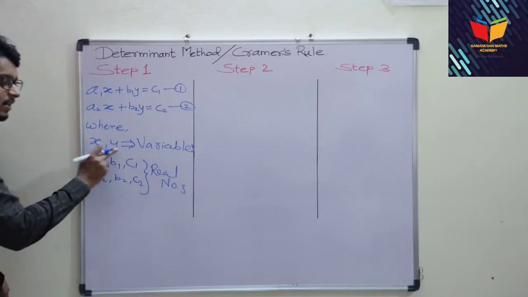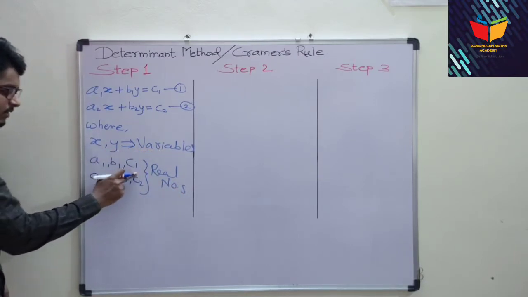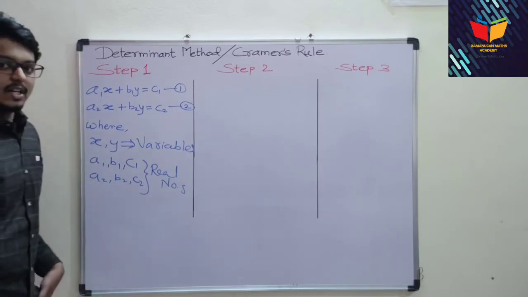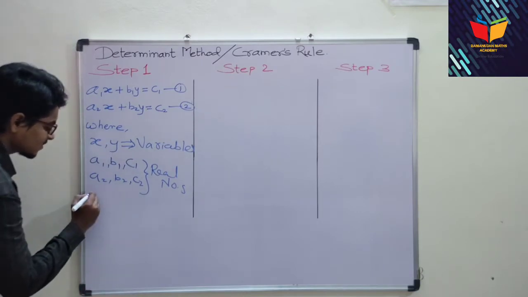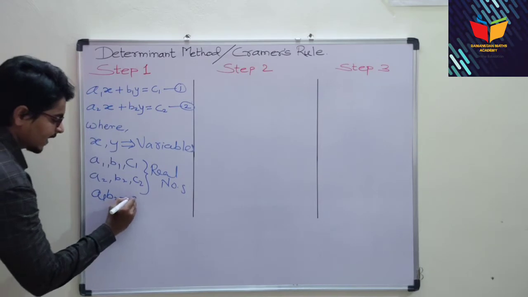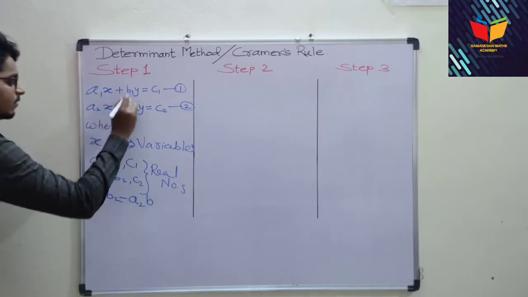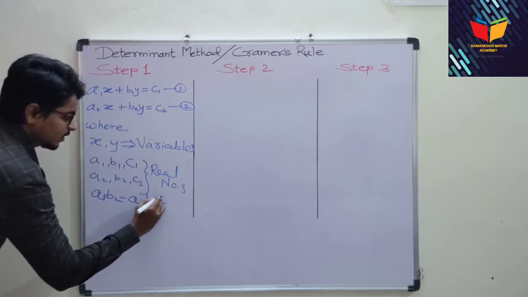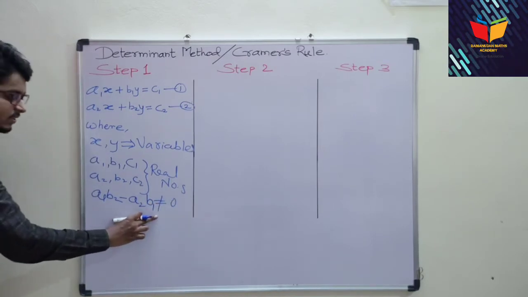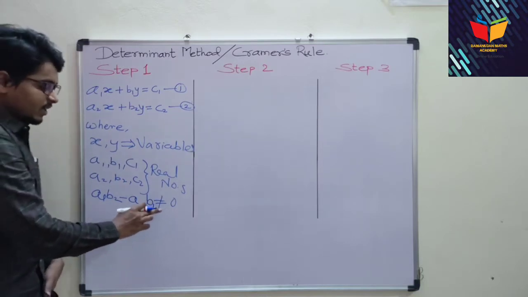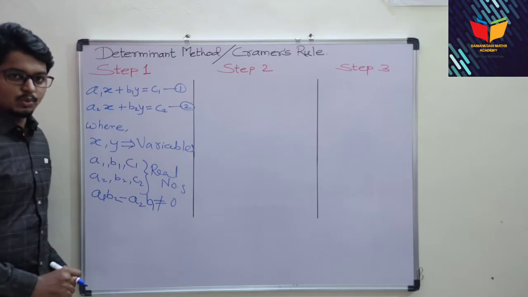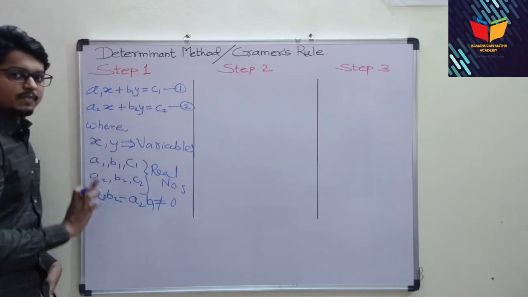Okay, x and y are variables, a1 b1 c1, a2 b2 c2 are real numbers, and one condition you have to remember, that is a1 b2 minus a2 b1 is not equal to 0. It is actually the determinant, so this is not equal to 0. If it becomes 0, then the equations have infinite solutions. So this is step first.